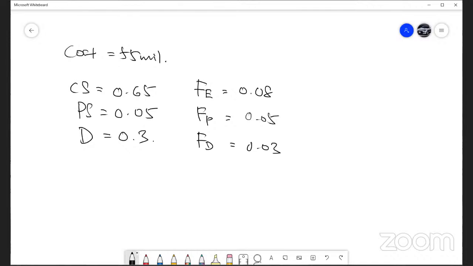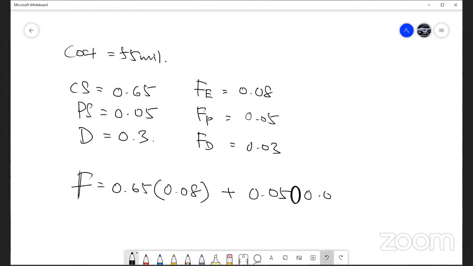First, you need to find the weighted average flotation cost, F. F is equal to equity 0.65 multiplied by its flotation cost, plus preferred stock, 0.05 times its cost, plus 0.3 times 0.03. This one is easier because they already give you the percentages.